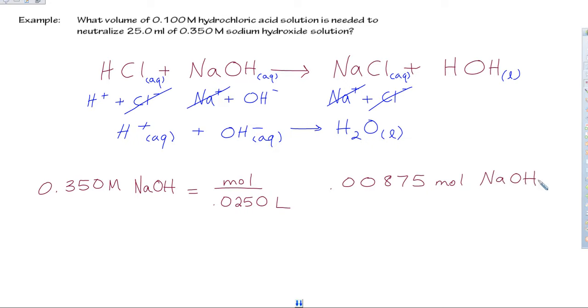Now if I look at the balanced equation, and I'm showing the balanced equation, everything's 1-to-1 ratios. So if I need to neutralize this sodium hydroxide, I need the same amount of moles hydrochloric acid. I know the molarity of the acid, 0.1 molar hydrochloric acid. I want to know what volume. I'm going to need 0.00875 moles of it.